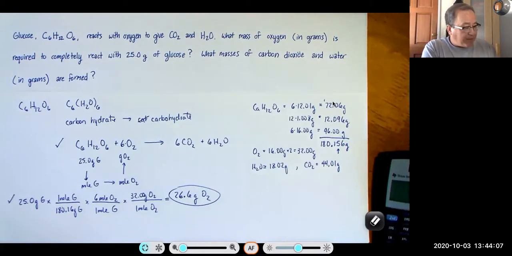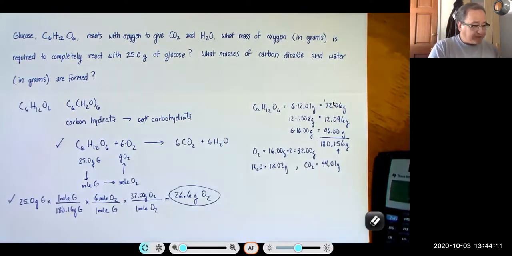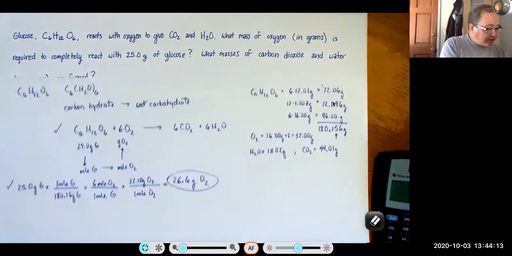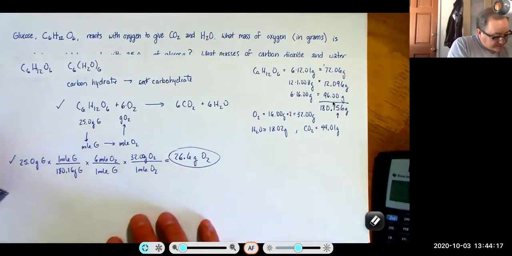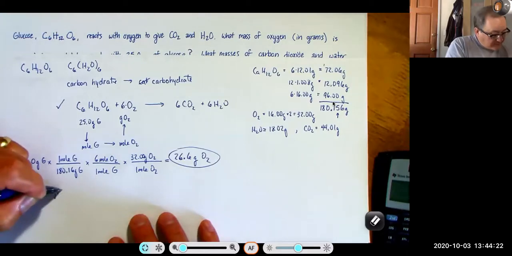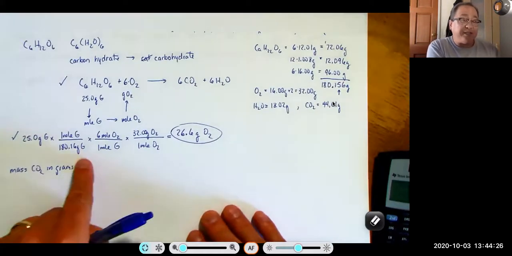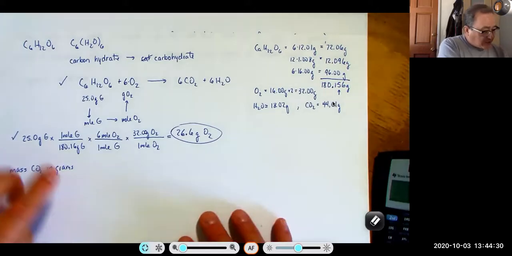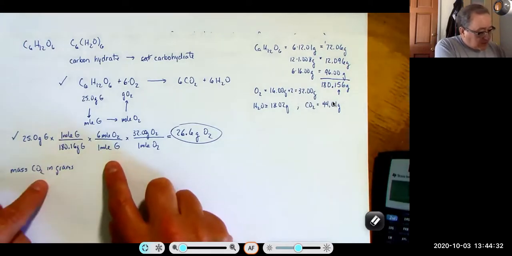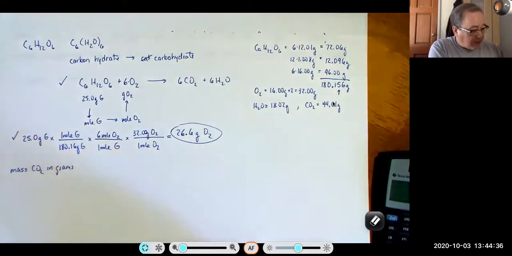Okay, what masses of carbon dioxide and water are formed in grams? So we could do the same thing for the mass of carbon dioxide in grams. And when I say the same thing, I mean the same type of calculation as this, except when we get to here, we're not going to do 1 mole of glucose to 1 mole of carbon or oxygen.